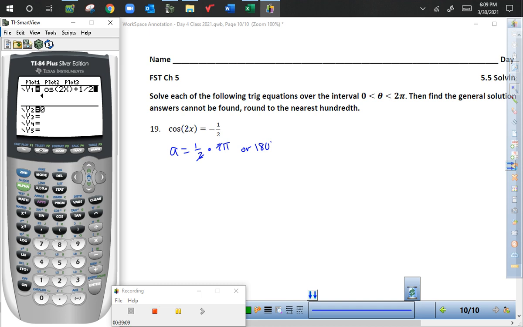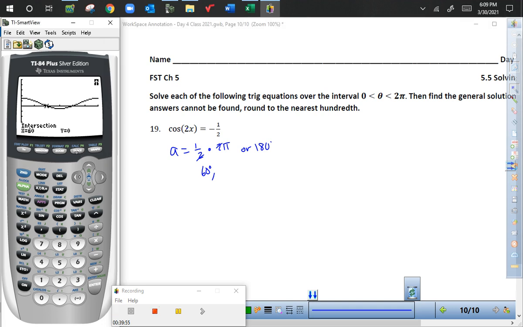So we want our window adjusted to 180, go into X max, and then just making sure your mode's in degrees, because this whole test you'll alternate back and forth. So then graph, we should have 2 solutions just like regular cosine, and we just have to go find them. Second trace intersection, nice at 60 degrees.